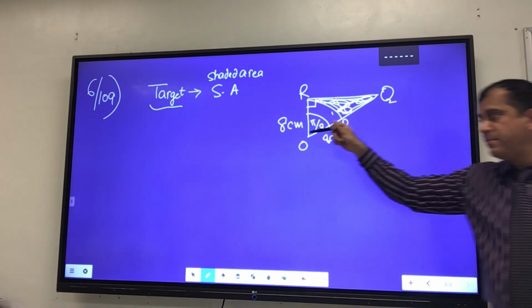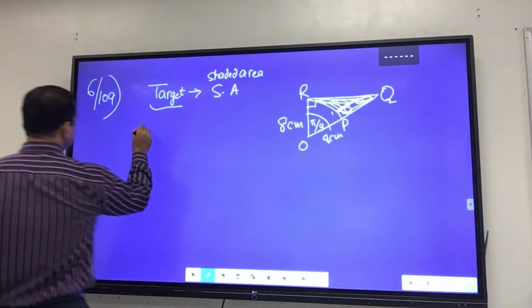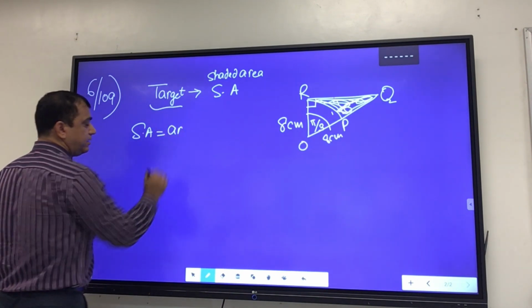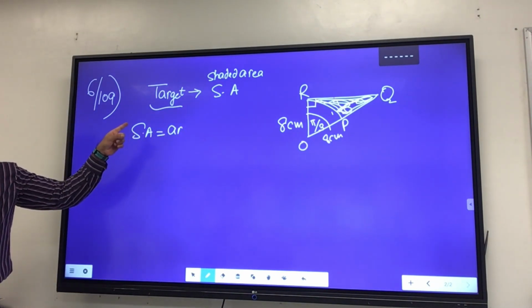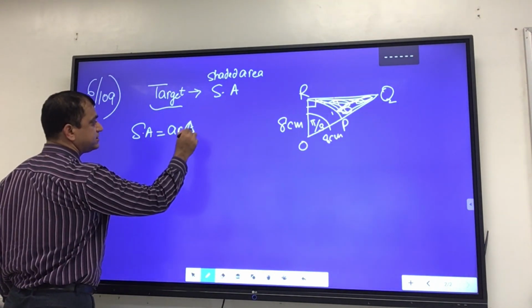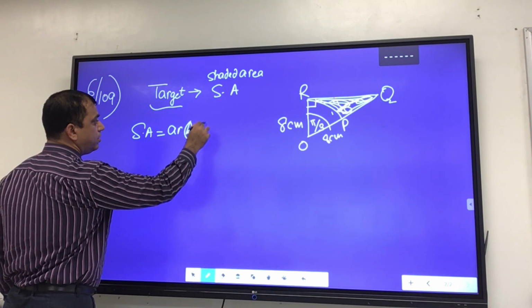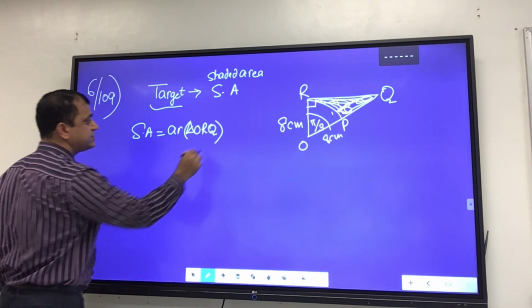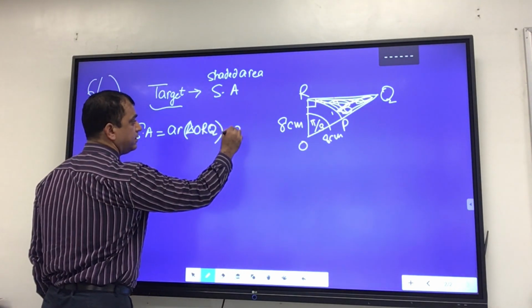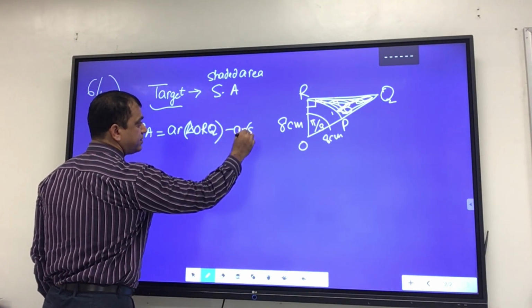So starting from here, you write here, shaded area is equal to area, A R is terminology, area, of triangle ORQ, minus area of sector.